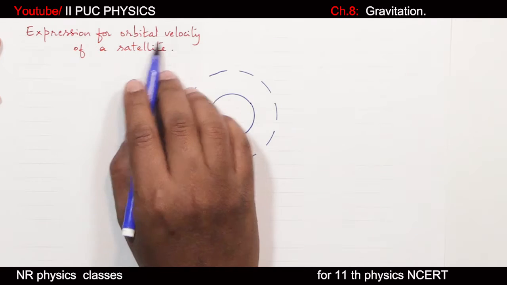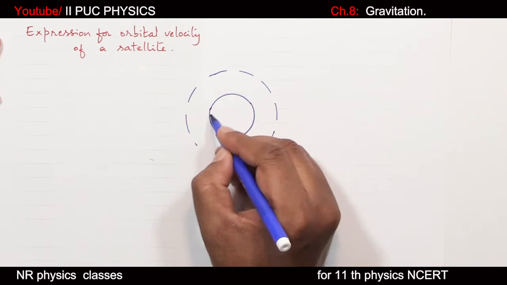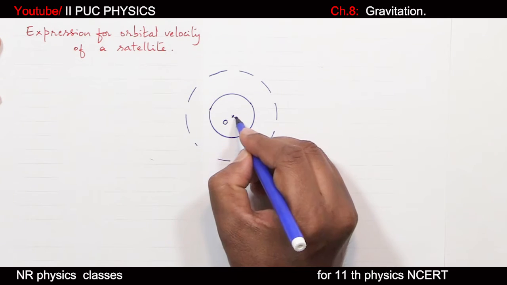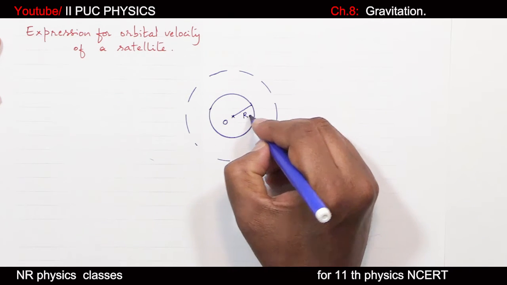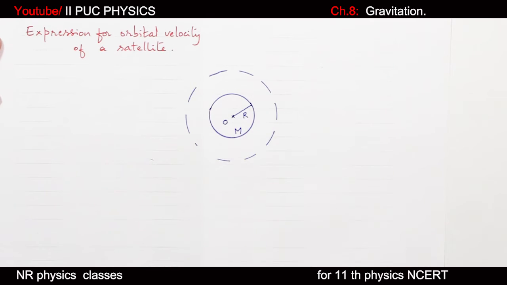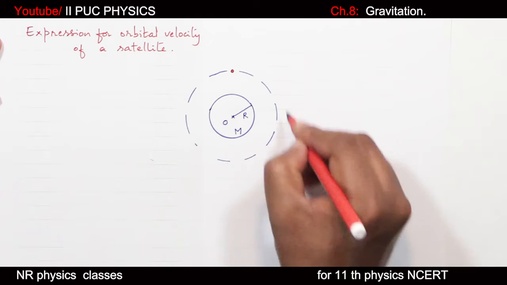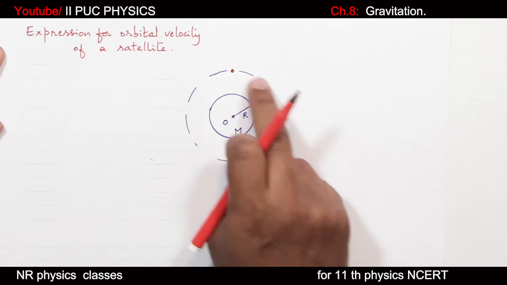Expression for orbital velocity of a satellite. Let this be Earth, center of the Earth, mean radius of the Earth capital R, mass of the Earth capital M. If this is a satellite which is revolving around the Earth, for the sake of simplicity, let us take a circular orbit.